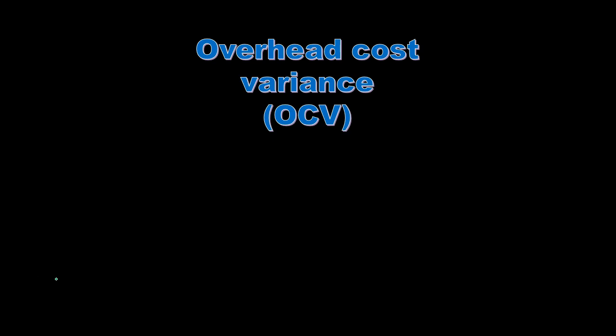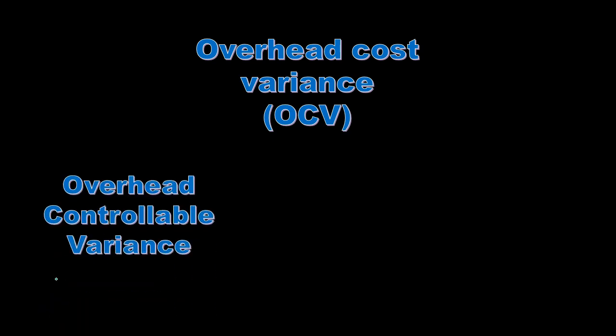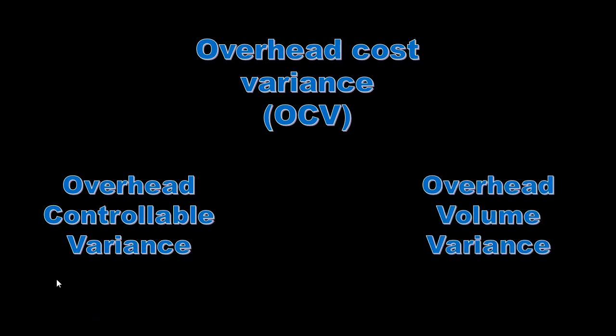Now we're going to look at that variance, that change, and we can once again break that out into the components. We can break that out into the overhead controllable variance and the overhead volume variance. So we're going to take that total difference, that total change, overhead controllable variance, overhead volume variance.